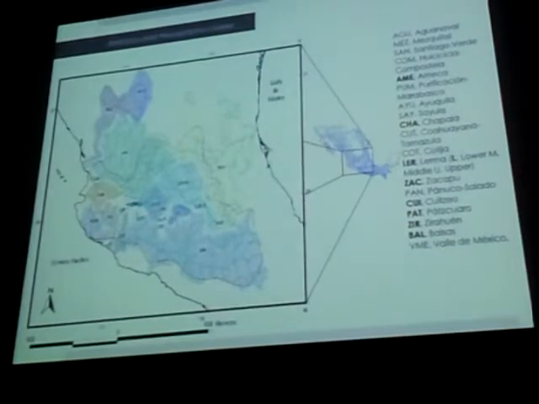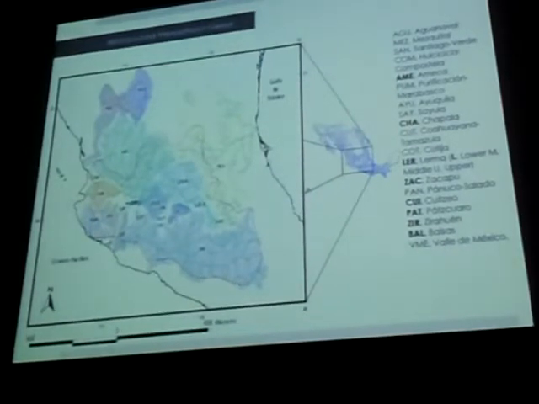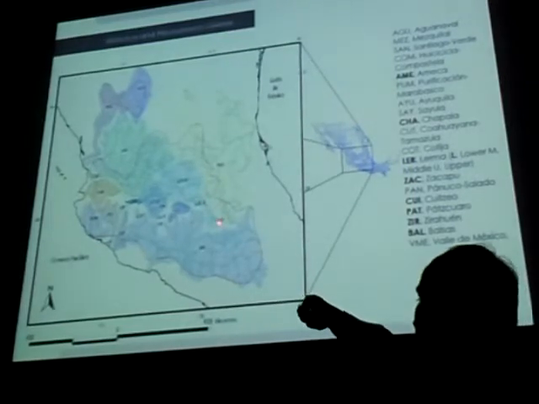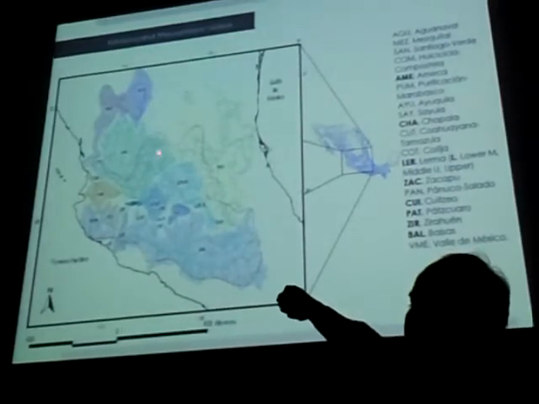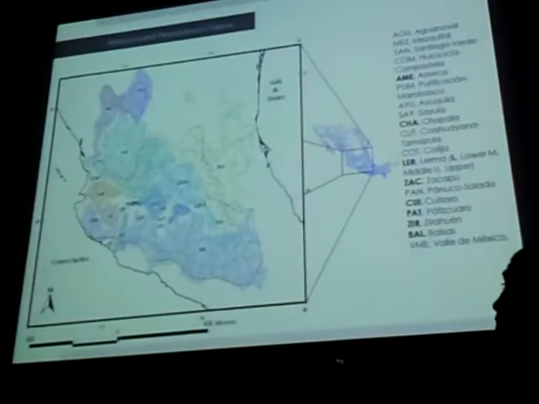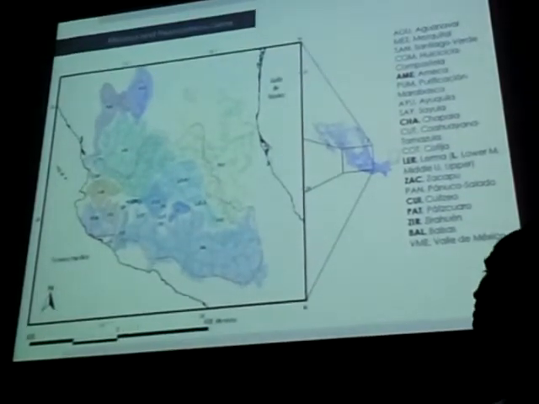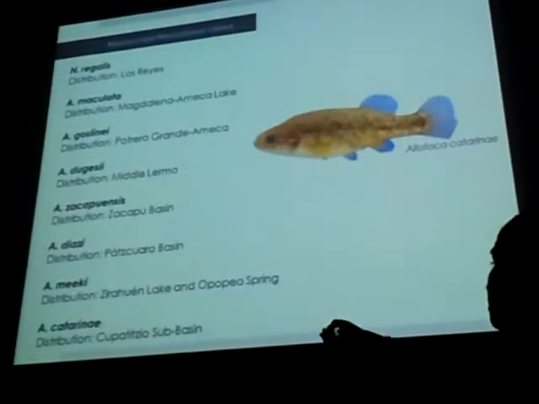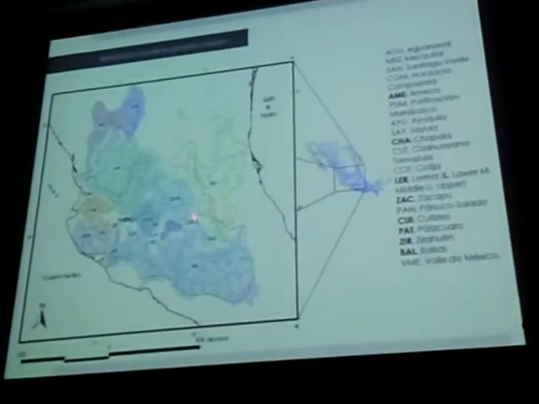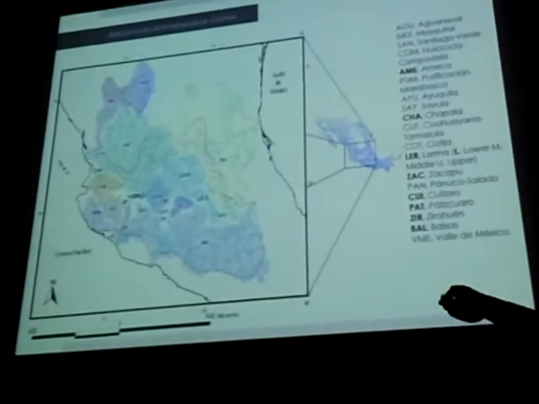Other people say that Allotoca dugesii is distributed along the Santiago-Lerma system, but the new records are just in the middle Lerma, in Cuitzeo Lake and near the Zacapu Basin.